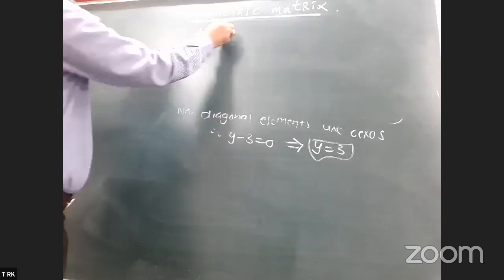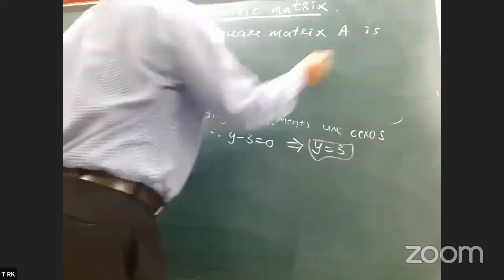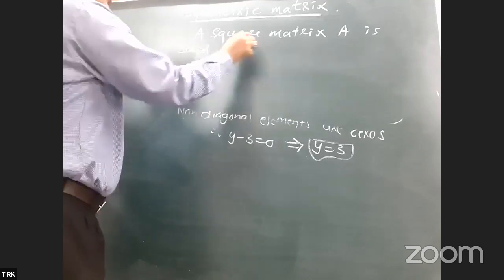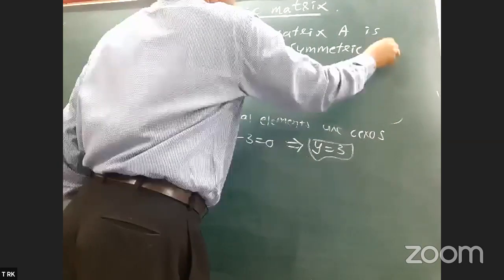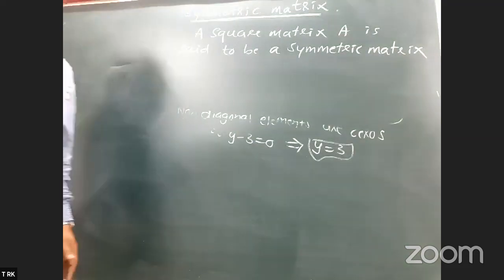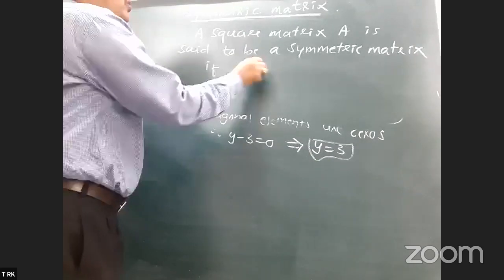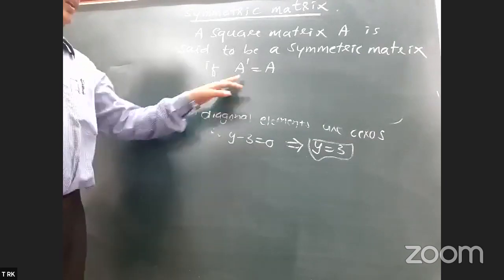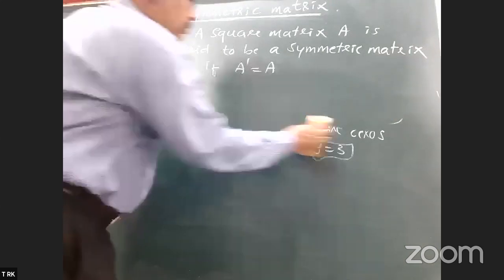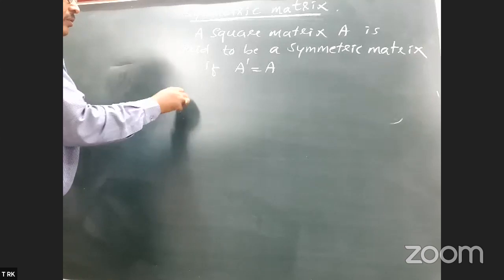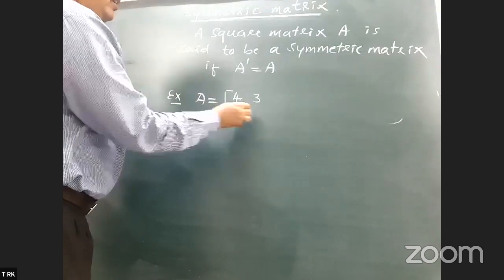A square matrix, capital A, is said to be a symmetric matrix if A dash is equal to A. That is, the transpose of A is equal to the matrix itself. Take A equal to 4, 3, 3, 1.